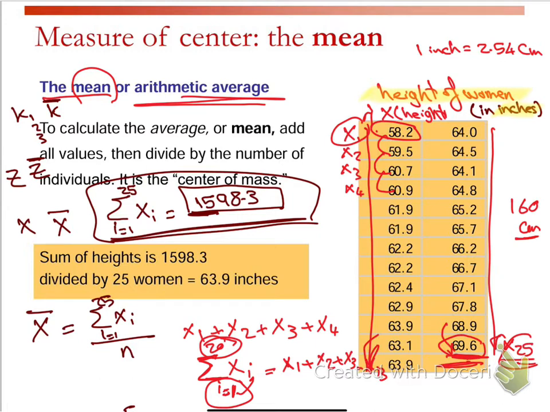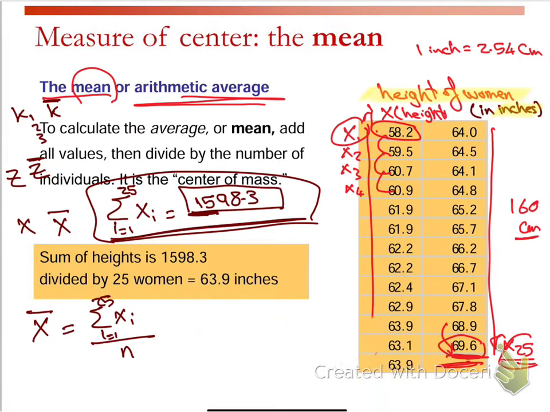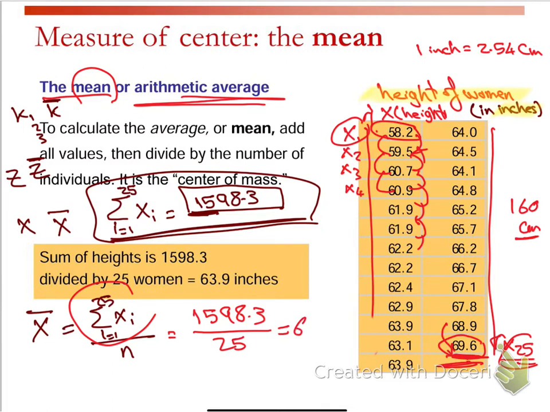So in this case, x bar equals the sum of all of them, this plus this plus this, which equals 1598.3 divided by 25. So I get the average, which in this case is 63.9 inches.